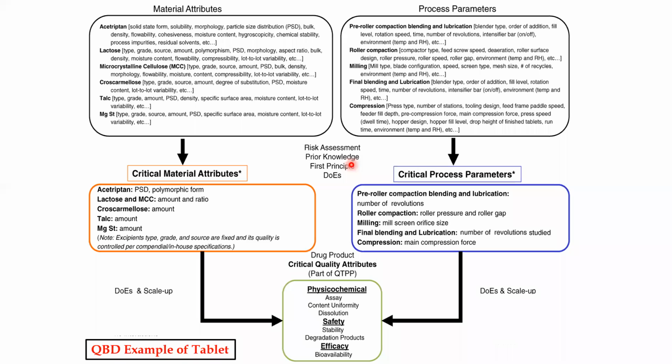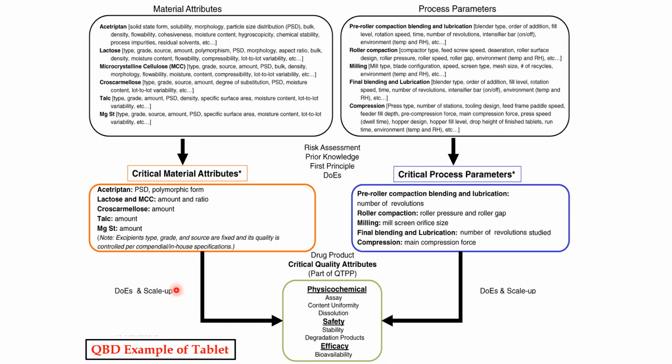Based on the risk it possesses on the CQAs, we screened, and finally we came to know acetyltryptophan particle size distribution, lactose ratio, croscarmellose concentration, talc and magnesium stearate concentration among the material attributes. These are just material attributes, but based on quality risk management we used to screen, that is called critical material attributes. We have selected those.